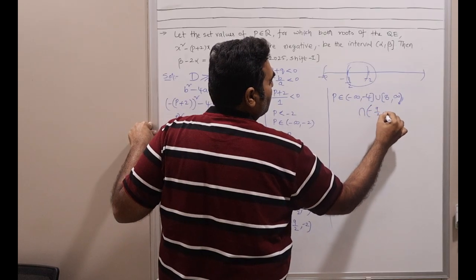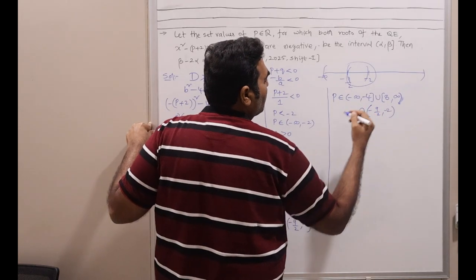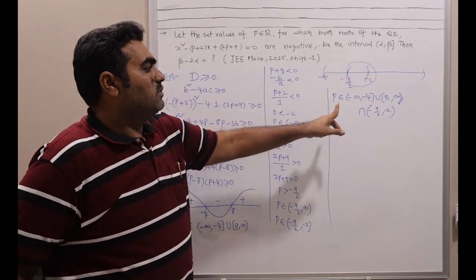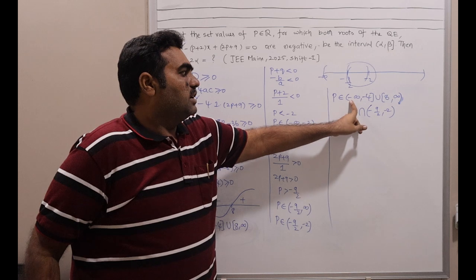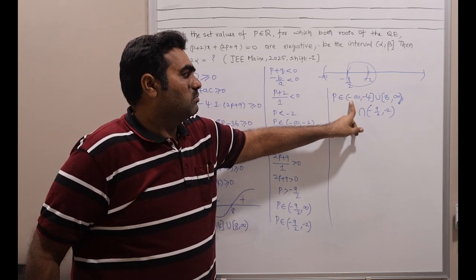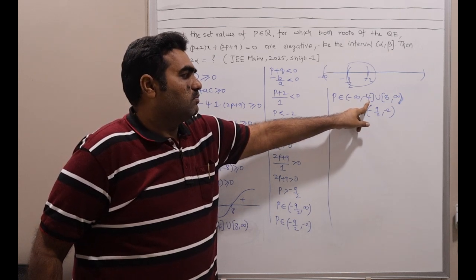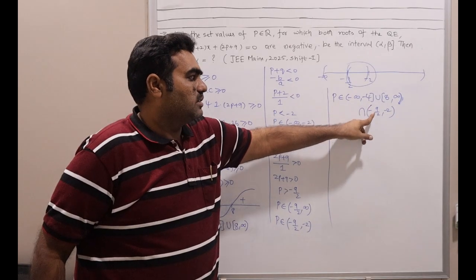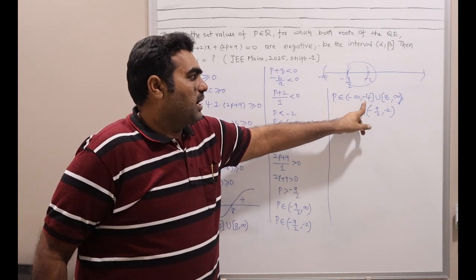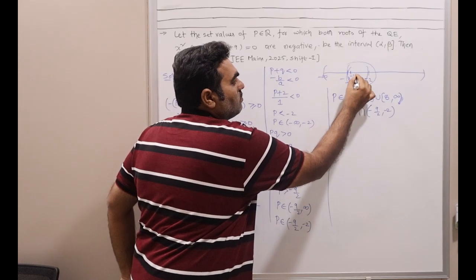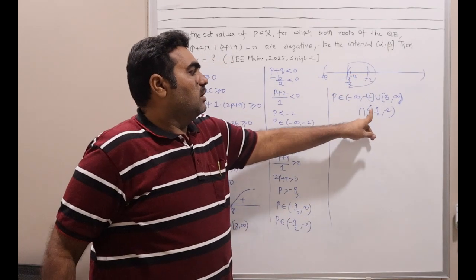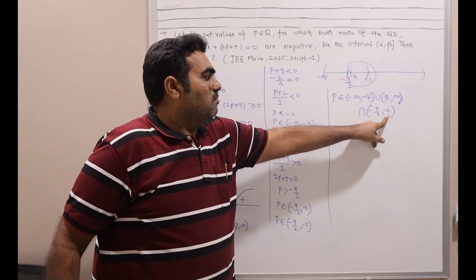Minus 9 by 2 to minus 2. Now what is the intersection of these two? This set and this set. This set consists up to minus 4. This set consists from minus 4.5 to minus 2.